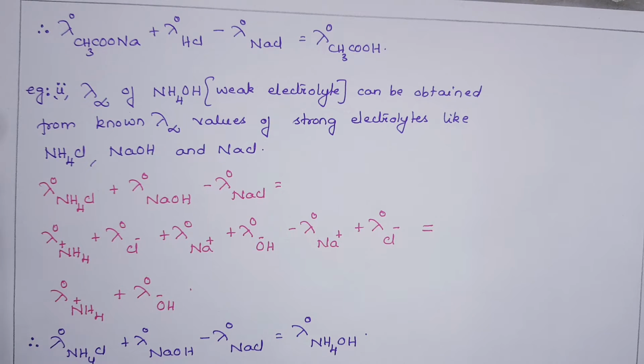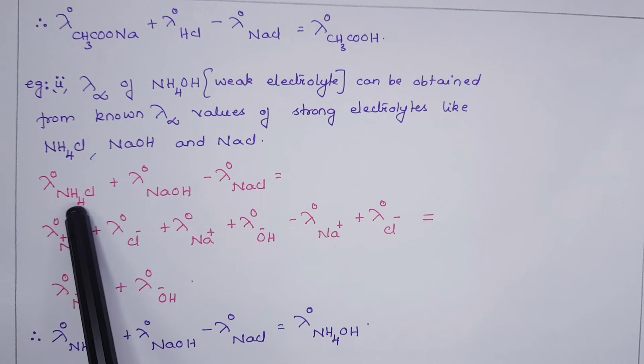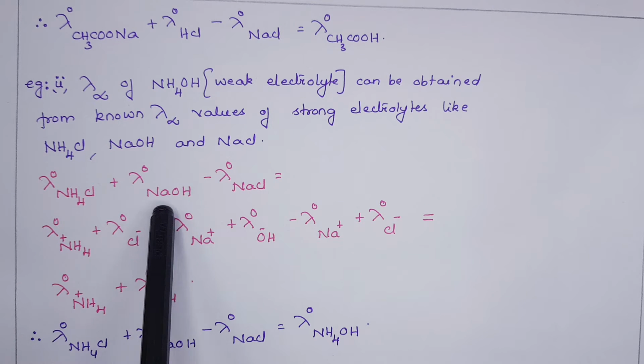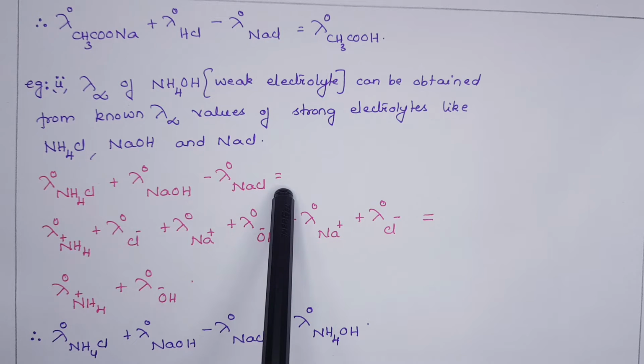Next, one more example I have given. Lambda infinity of NH4OH. This is a weak base. It can be obtained from known lambda infinity values of strong electrolytes: ammonium chloride, NaOH and NaCl. So how to calculate, students? Lambda naught NH4Cl plus lambda naught NaOH minus lambda naught NaCl is equal to, okay, without seeing this, will you be able to write, students?